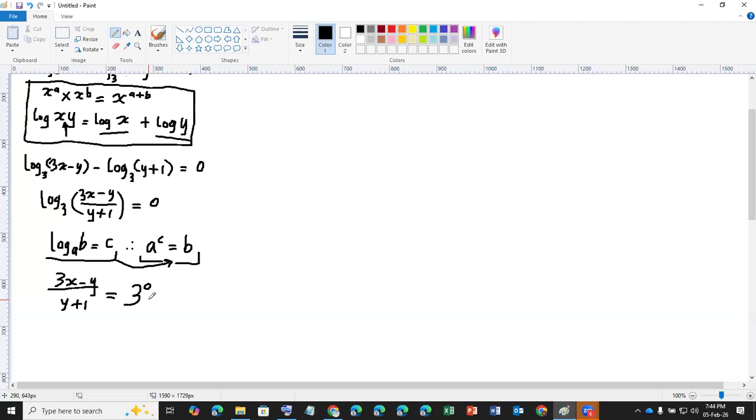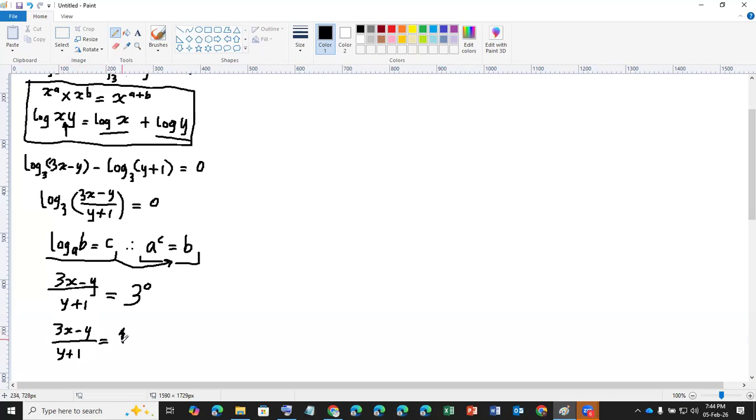Now, as we all know, any number divided by itself is one. Remember that any number raised to power 0 is 1. So I am ready to do something like this: (3x minus y) over (y plus 1) for all this is equal to what? 1.